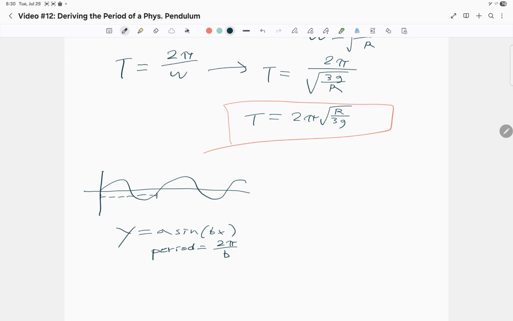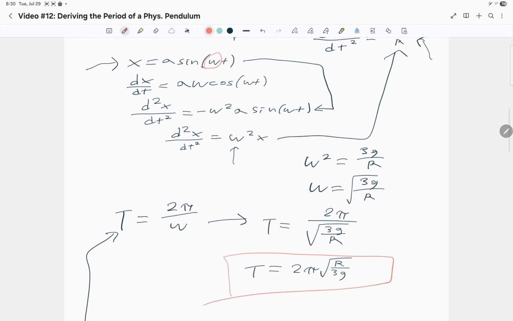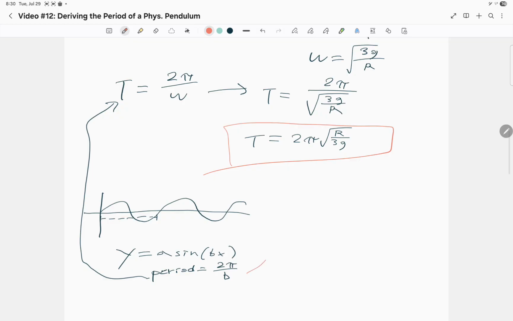If b is 1, then the period is just 2 pi, which is our normal sine wave. Our b up here was omega, the angular frequency, and so that correlates to what we had in this equation here, 2 pi over omega, to get our period. So that's where we get that equation from, if you're a very visual person that likes looking at graphs.